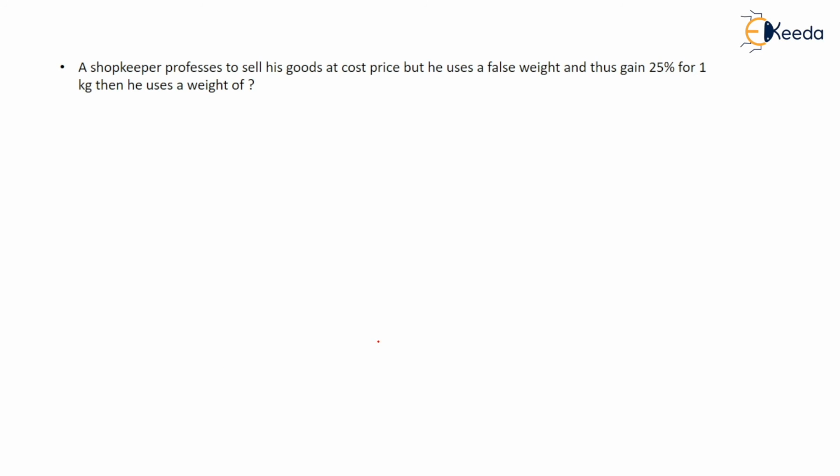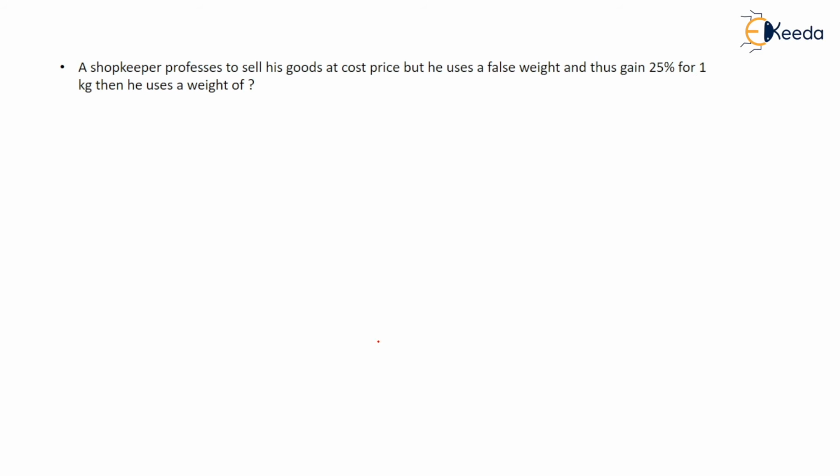A shopkeeper professes to sell his goods at cost price, but he uses a false weight and thus gains 25% for 1 kg. Then find the actual weight he used.